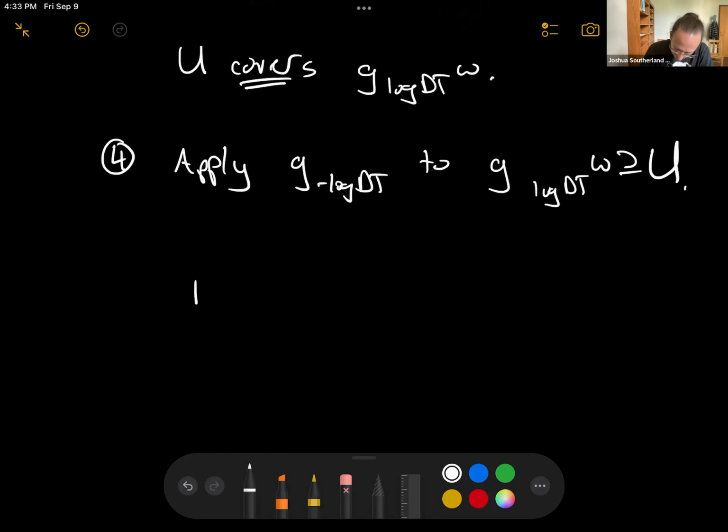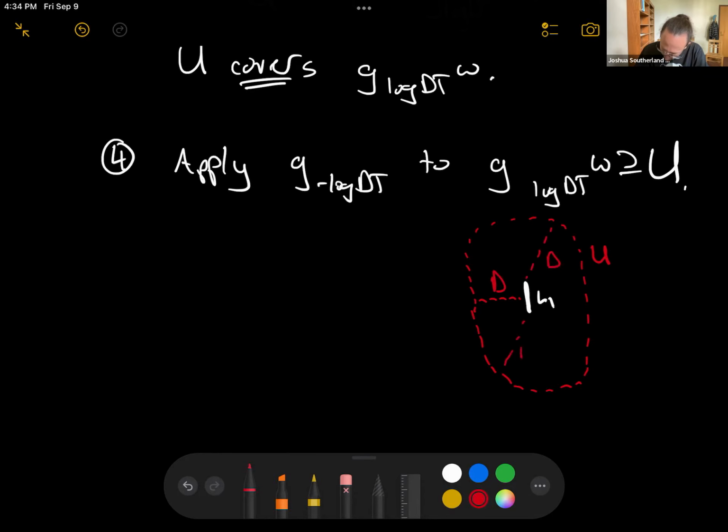So we're going in the other direction. I'm going to do it like this. We're going to take our little segment L1, and then maybe we have a large neighborhood. This is my u, where these distances are all d.